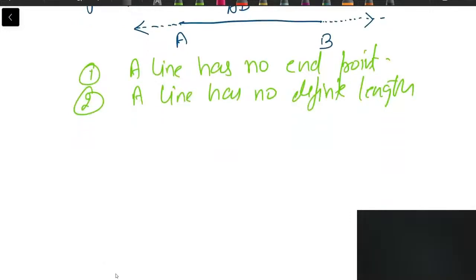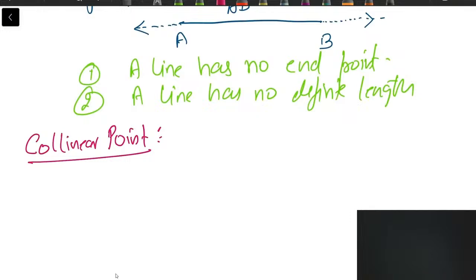Another part is collinear points. What is a collinear point? Let's consider we have 3 points. Collinear points are three or more points on the same plane and on the same line.